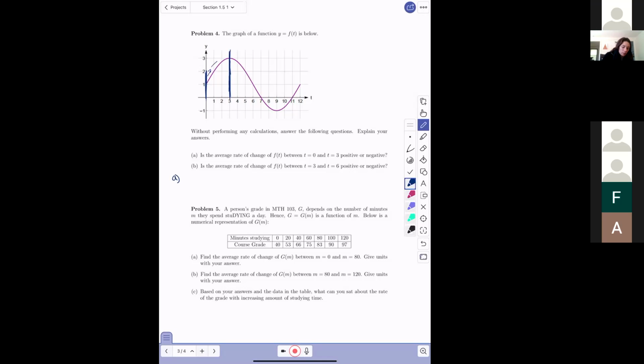This graph is increasing, so it's positive. The graph is increasing. Any questions on that?